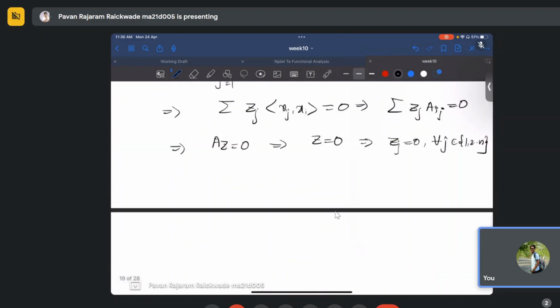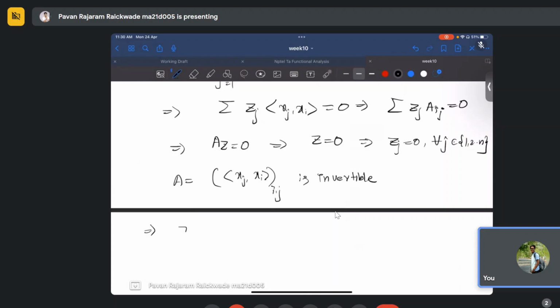The first thing is to define the matrix A formed by the inner products of xi and xj over all i, j. It is invertible, because we have just shown that if the xi are linearly independent, then the matrix is invertible. Now the set of all invertible matrices is an open set in the set of all matrices.